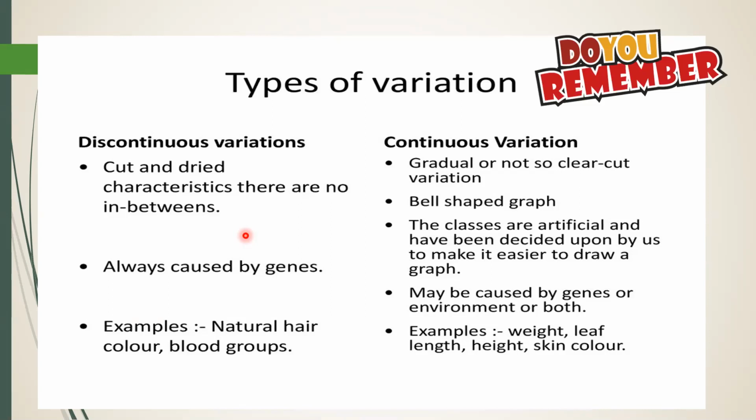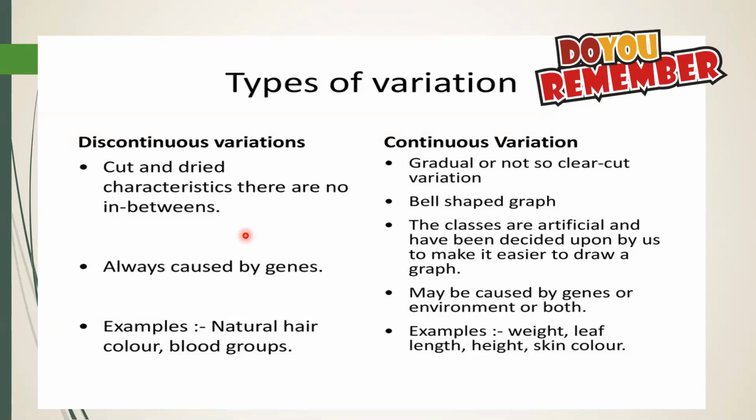The bell-shaped graph I explained earlier is about the number of students present in a class, and it gives the idea about their heights. So a bell-shaped graph is obtained from their heights. The classes are artificial and have been decided upon by us to make it easier to draw a graph.